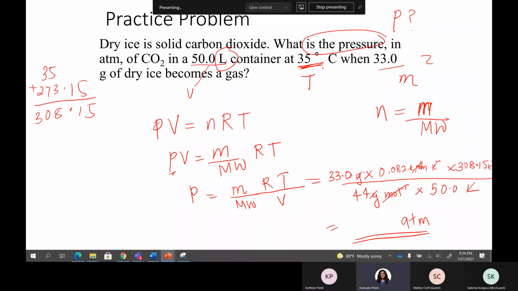And how many significant figures should we keep in our answer? 3. What? 3 significant figures? 3 significant figures? Okay. Yeah, that's right.